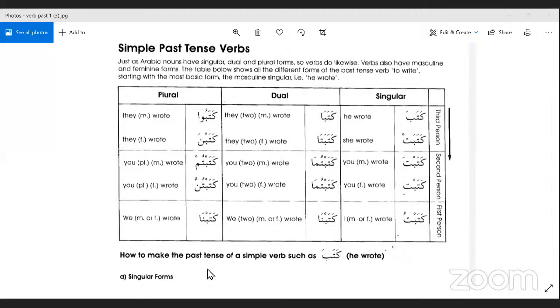Alimti, this is for a lady, you knew. Alimtuma, this is for dual, two women knew. Alimtunna, more than two women knew. Alimtu means I knew. This is for male and female. Alimna, we two knew, male and female. And alimna, we more than two knew.